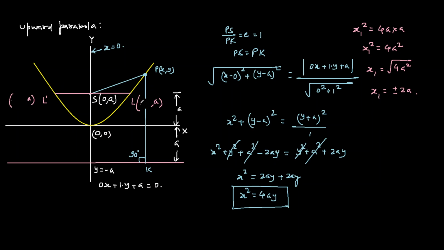So L is 2a comma a, and L dash is minus 2a comma a, and the length is always 4a. Length of latus rectum is 4a, and we can write the equation for this latus rectum, which is y equal to a.